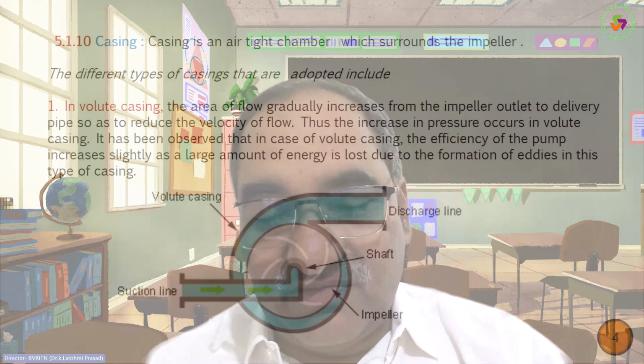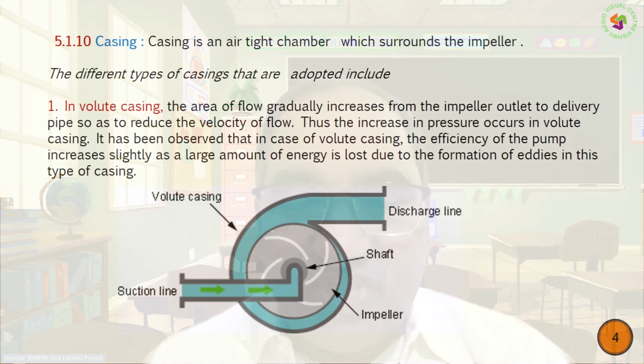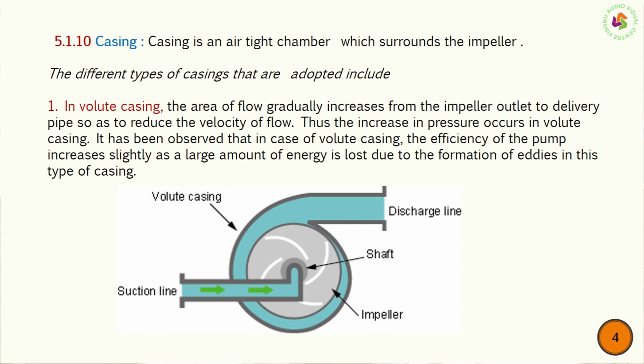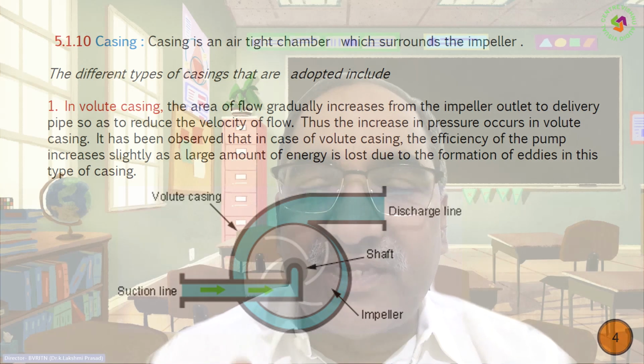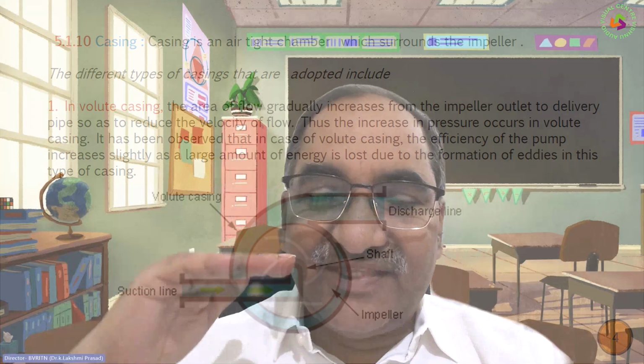Then the water, or any fluid in fact, is pushed upwards under pressure. Pressure energy is imparted to the fluid. Thereby, the water or fluid is lifted from a lower elevation to a higher elevation.